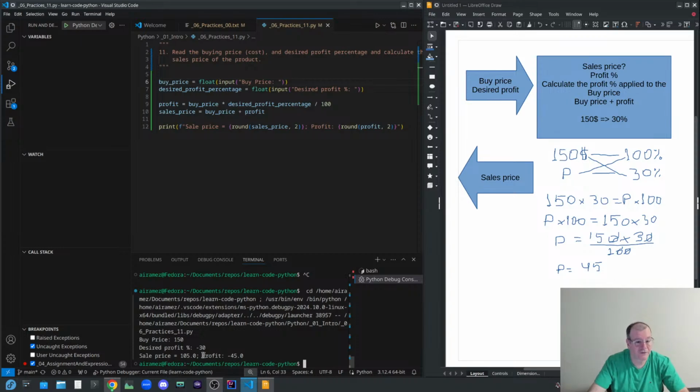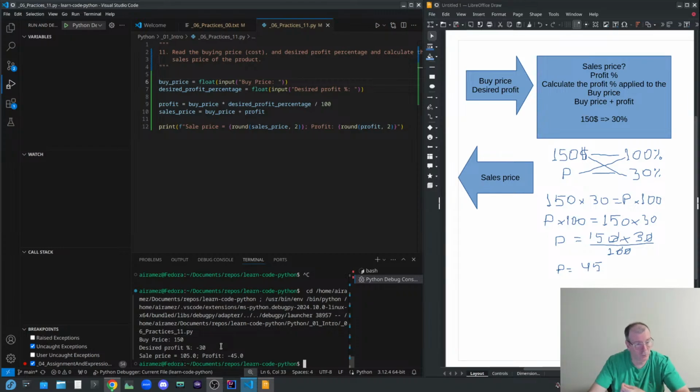Look how nice this is. The calculation did work, because the minus 30% will be minus 45. When we get that minus 45 and add it to this, we remove 45. So instead of selling at 150, we sell at 105.